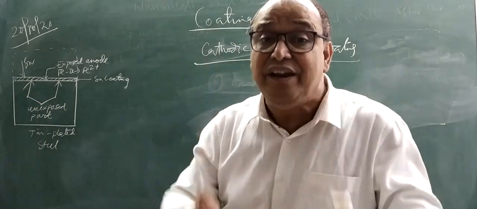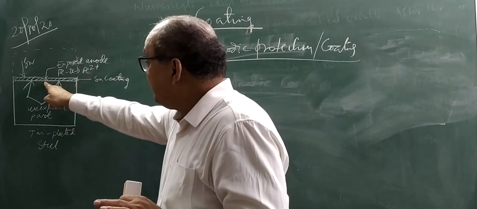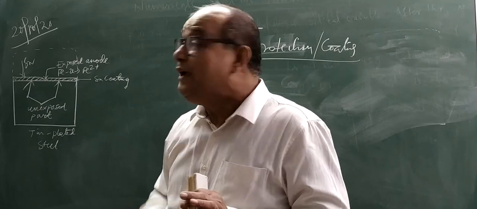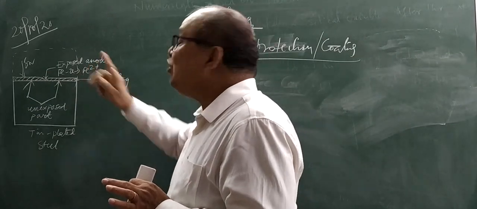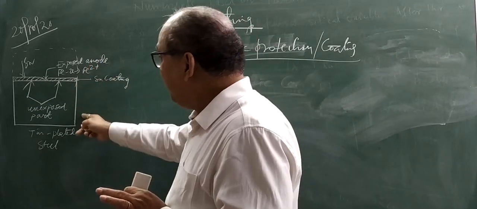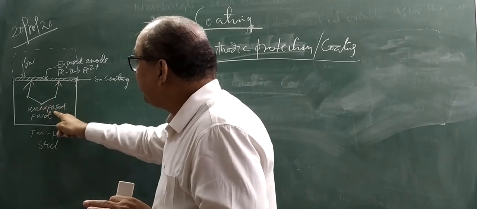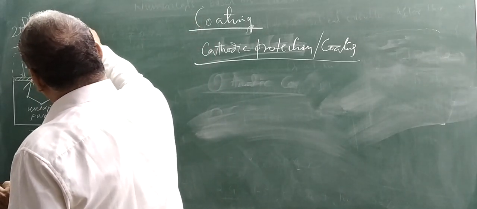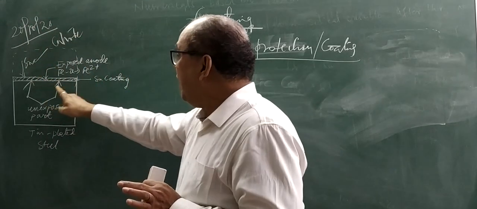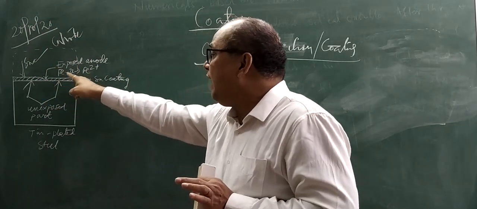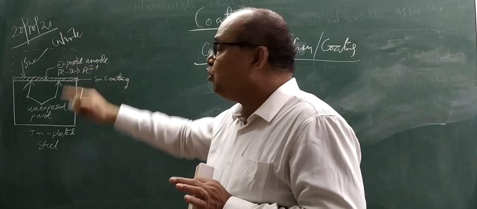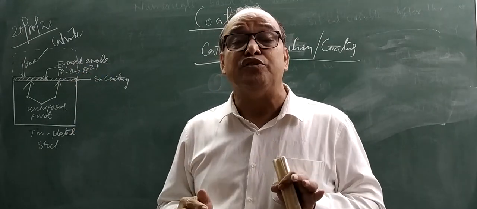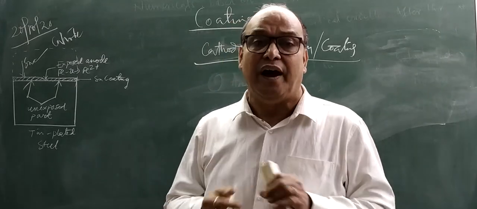But if for any reason there is a ruptured area, automatically tin will become your cathode, making iron the anode. You can see this area will become the unprotected part, this tin will become your cathode, and this exposed area will become your anode, and iron will spontaneously undergo oxidation, as a result of which the rate of corrosion will be very, very high.